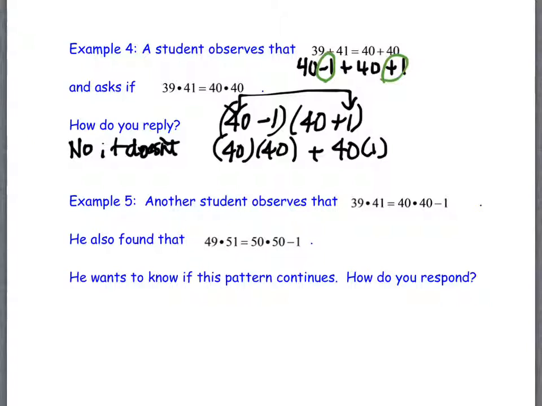And then you have your 40 times negative 1, that's the inside terms multiplied together. And then the last one is negative 1 times 1. Now, we actually do have a positive 40 and a negative 40 here in the middle that do add to 0, don't we?